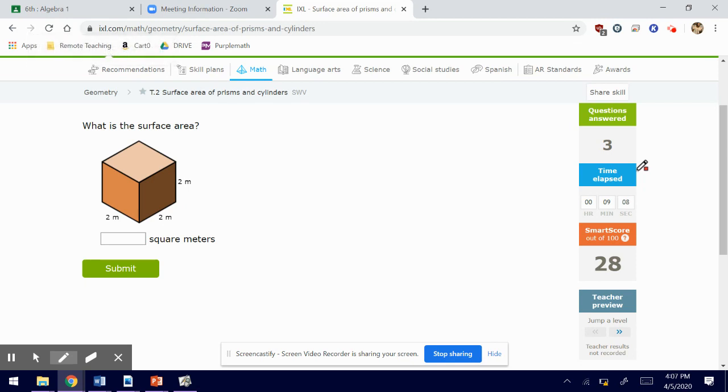Okay, so we're going to use a different formula, and that formula is surface area equals 2 times length times width plus 2 times length times height plus 2 times width times height.